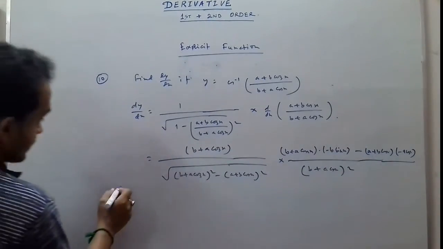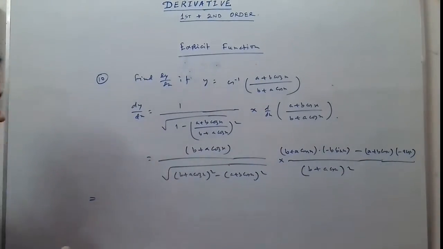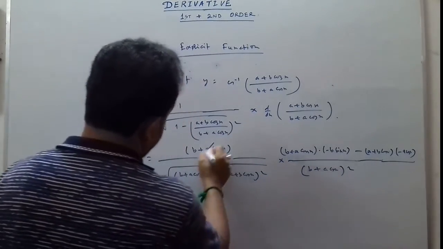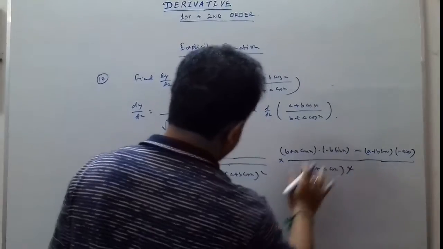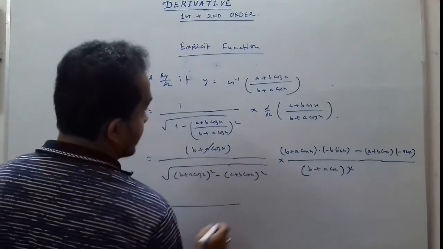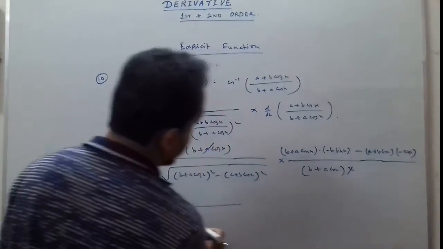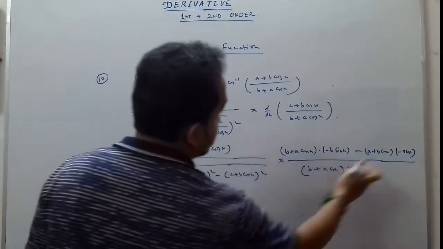Now simplifying, we get this one part cancel, and in the numerator we will get b plus a cos x minus of this, and this is minus minus plus.